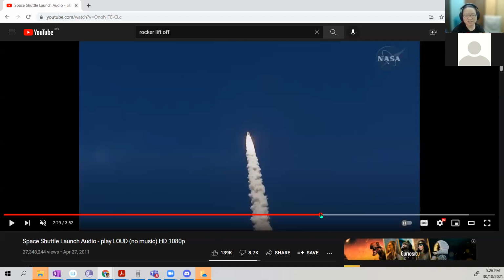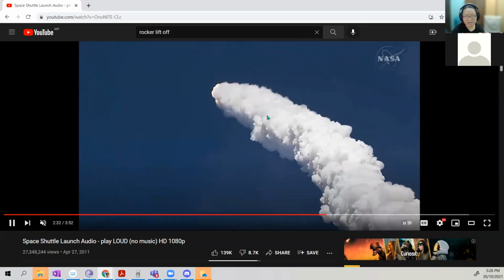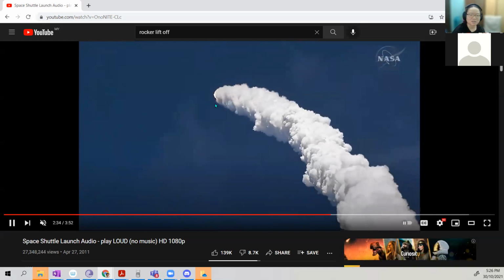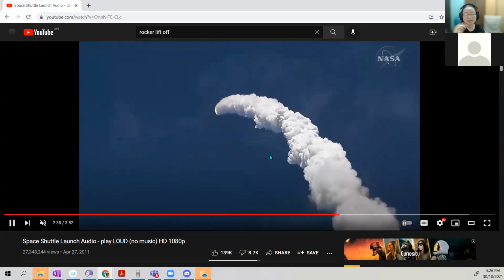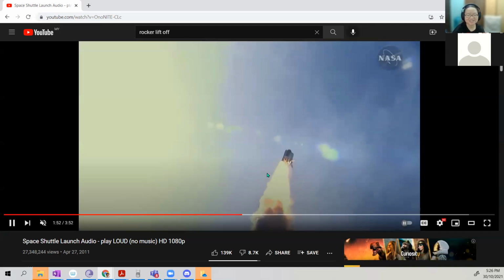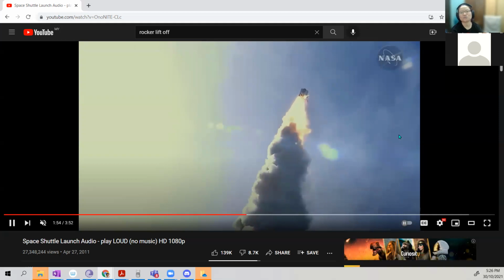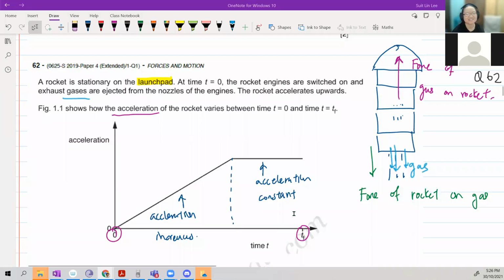So when it is lifting off here, the gas momentum that is downward must be the same as the rocket momentum that is upward. Then they will cancel off to become 0. Very cool one. You must have a lot of gas. If not, you cannot lift off something very heavy.